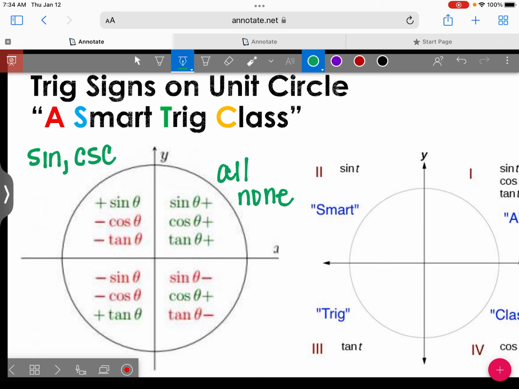So that's what's positive. Sine and cosecant are positive. What's negative, what I want you to write for negative, is going to be cosine and secant. So this doesn't list the sisters, but I'll list the sisters. So secant, tangent, and cotangent.